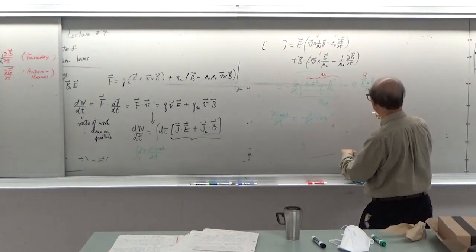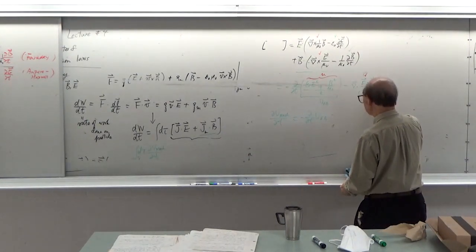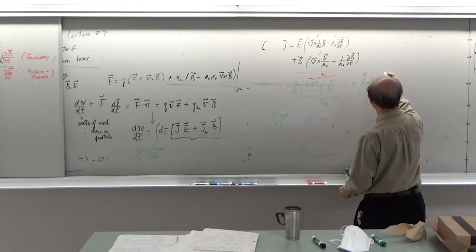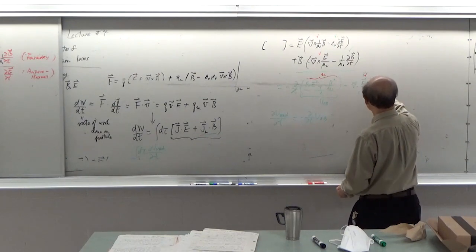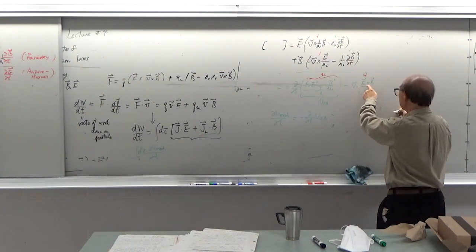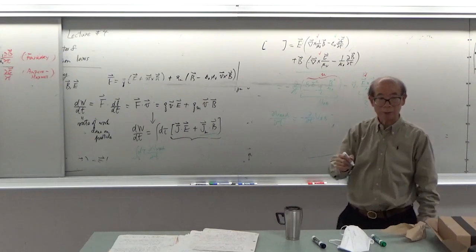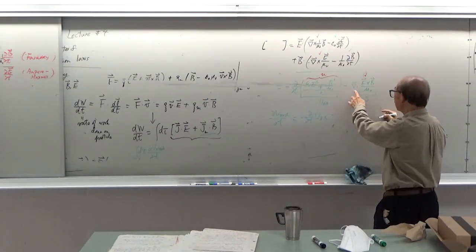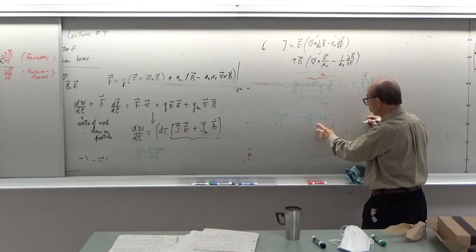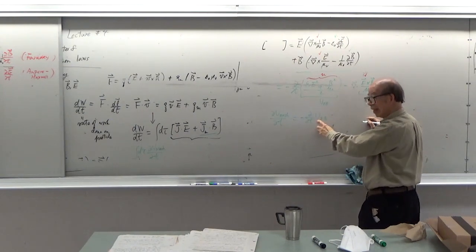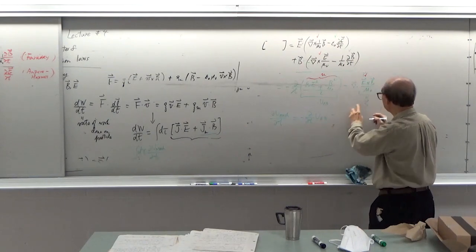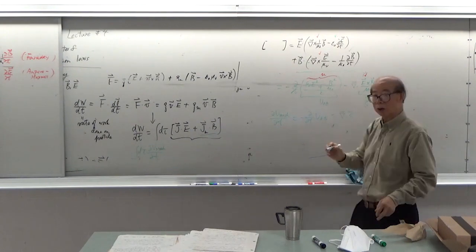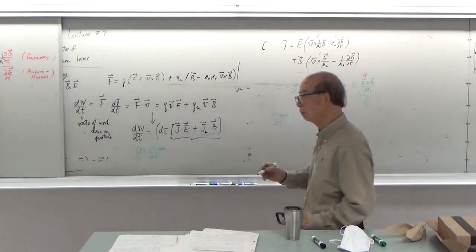In fact, it's the energy flow density, and by convention is denoted by S. So S is given by E cross B divided by mu naught, and as I said, S has the meaning of energy flux, and this has to do with the rate of change of the energy density of the electromagnetic field. So, minus divergence of S, and this S is also known as the Poynting vector.